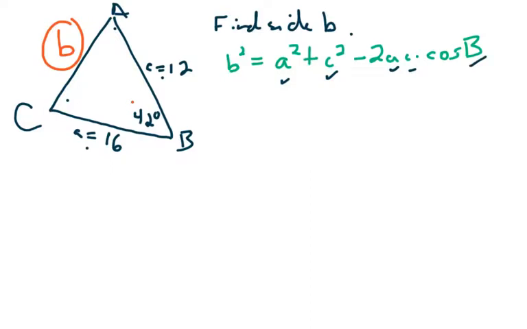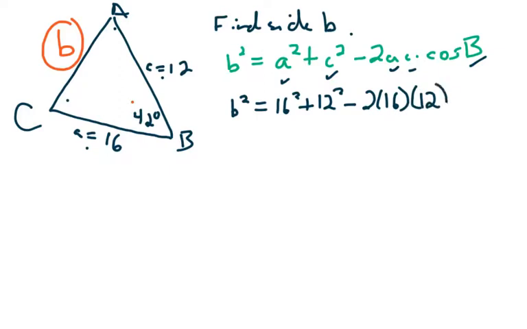So if we're going to find B, we can just substitute everything into the law of cosines. So I'm going to say B squared equals 16 squared plus 12 squared minus 2 times 16 times 12 times the cos of 42 degrees.